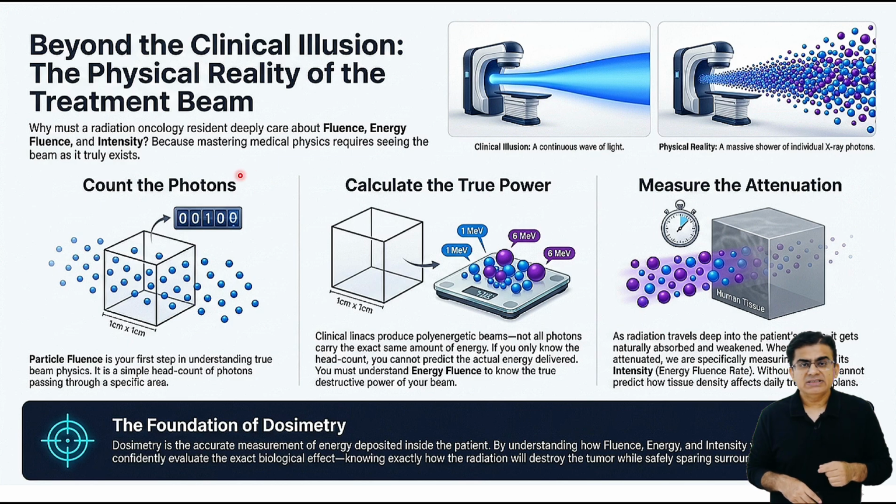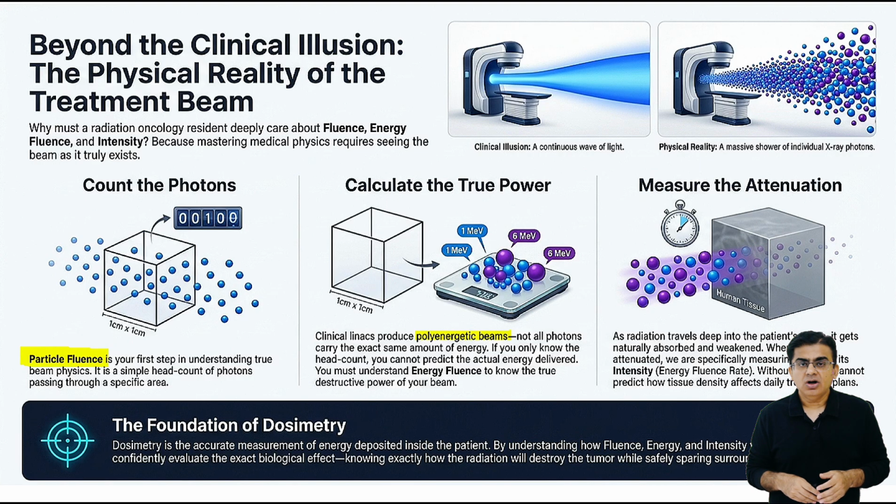First, we must learn how to count the photons. This simple count is called particle fluence. It is your very first step in understanding true beam physics. Second, we must calculate the true power of the beam. Remember that our clinical linear accelerators produce polyenergetic beams.